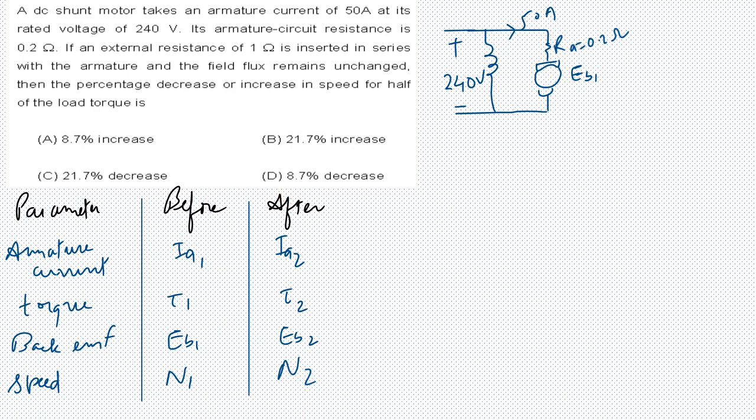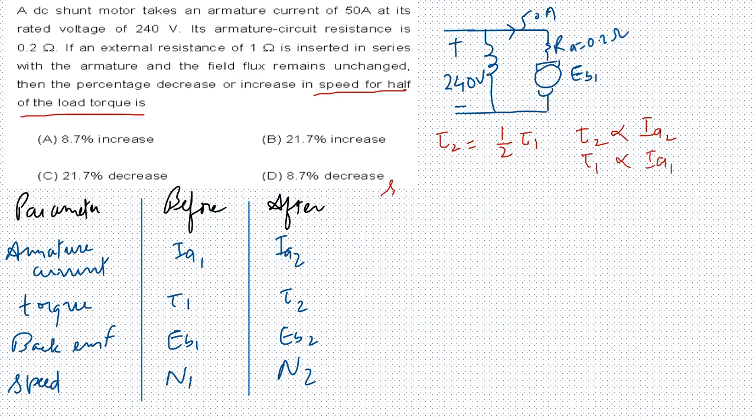For the first relation, he says tau 2 has to be half of tau 1. Now we know that tau 2 is proportional to Ia2, and tau 1 is proportional to Ia1.